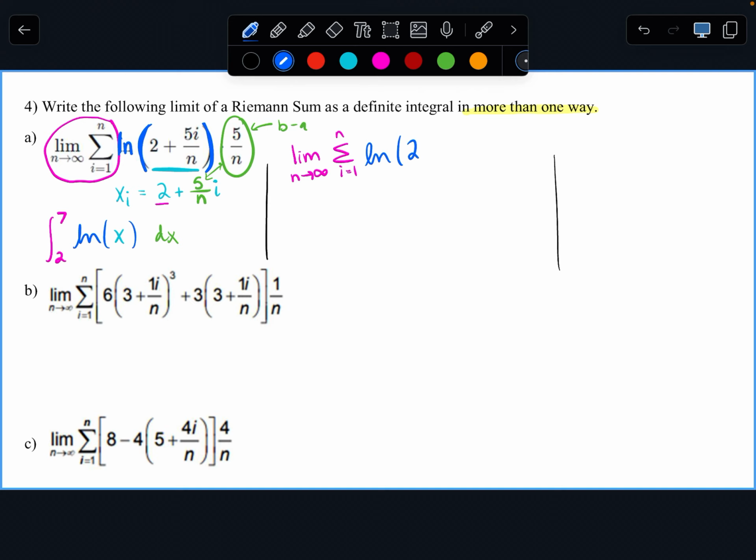I'm going to change it to natural log of 2 plus, and I'm going to let this be my x sub i. This is where it gets intense.